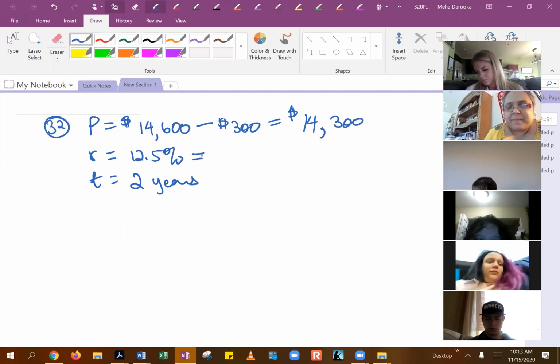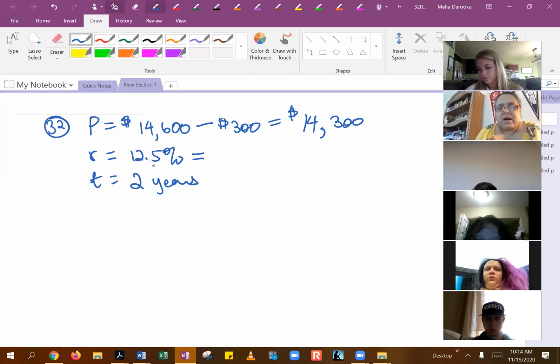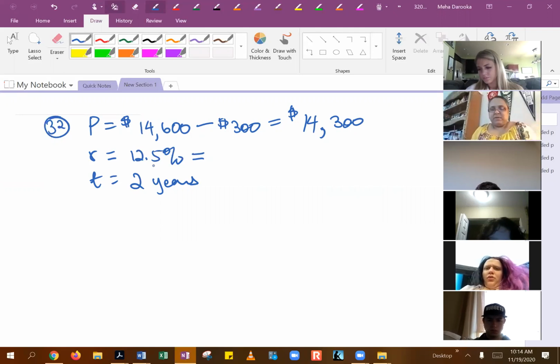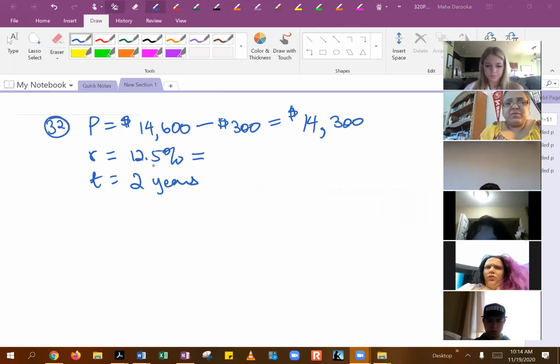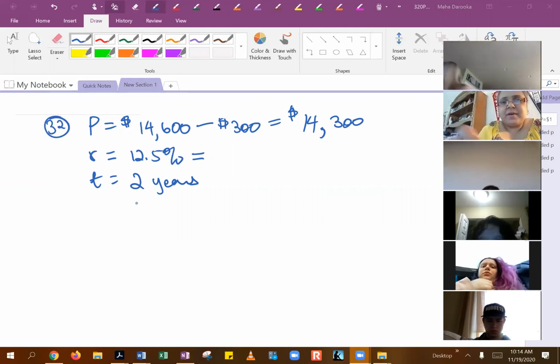Remember, for percentage, we always convert percents to decimals. So what do you think that rate, 12.5% as a decimal, is going to be? So when you convert 12.5% to a decimal, what will we have? Very nice. Yeah, you will have 0.125.